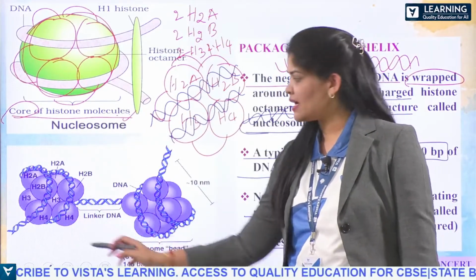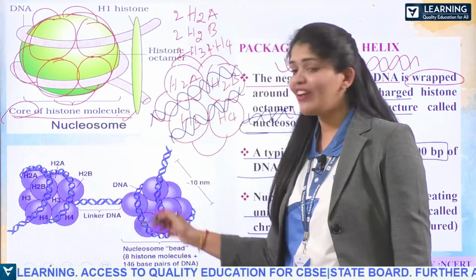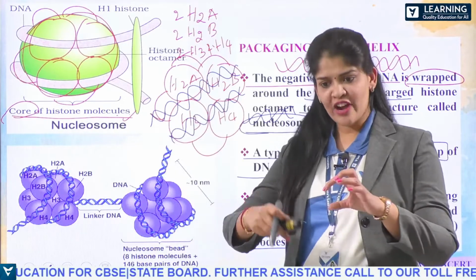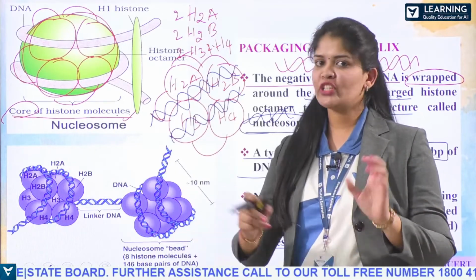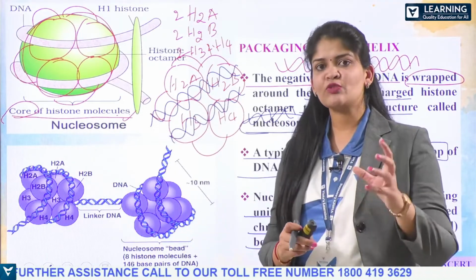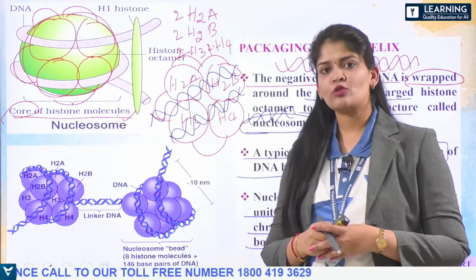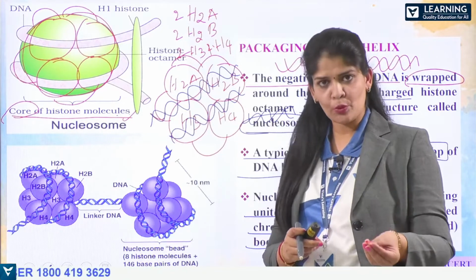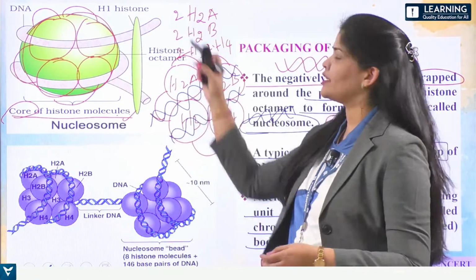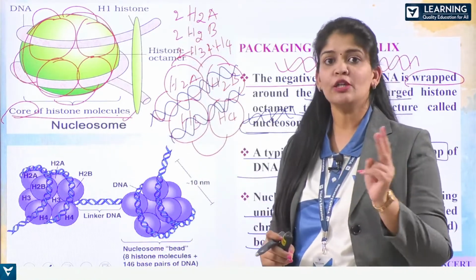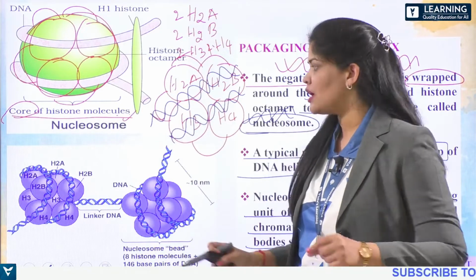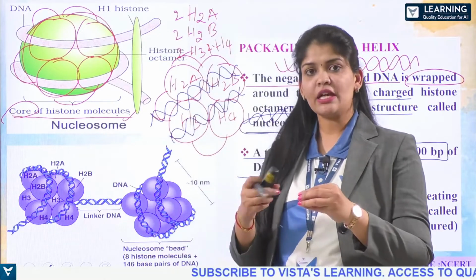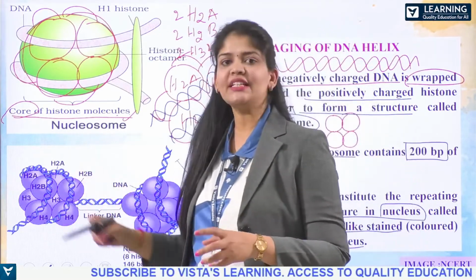As I just said, the DNA is very long, so it wraps around taking the support of the histone proteins, and these histone proteins form an octamer. What do you mean by octamer? An octamer is 8 histone proteins in which we find 2 H2A, 2 H2B, 2 H3 and 2 H4. These are arranged such that the octamers get wrapped by the DNA.